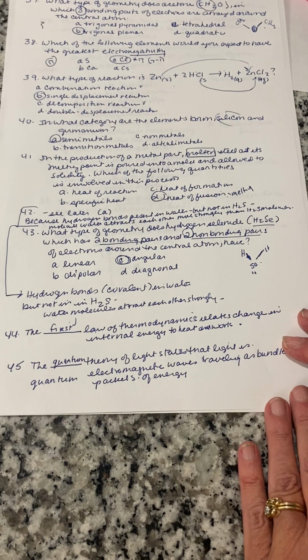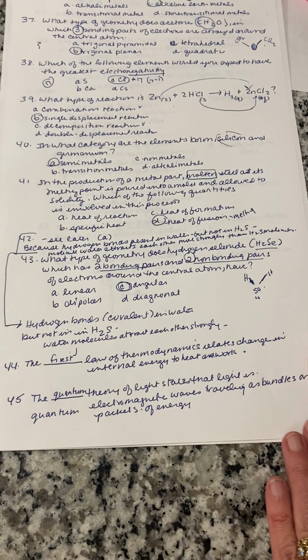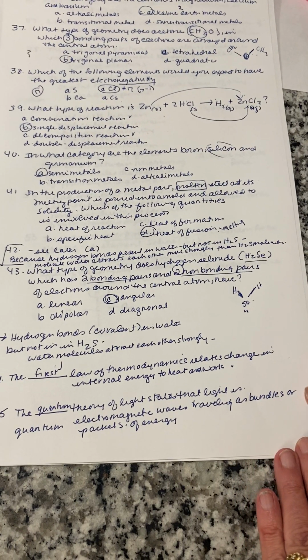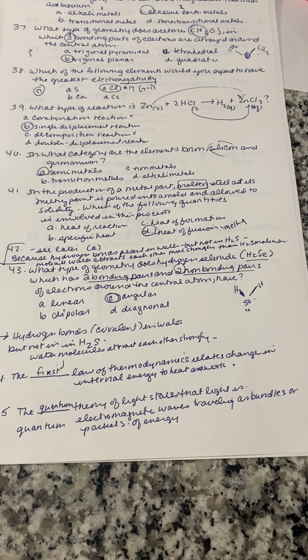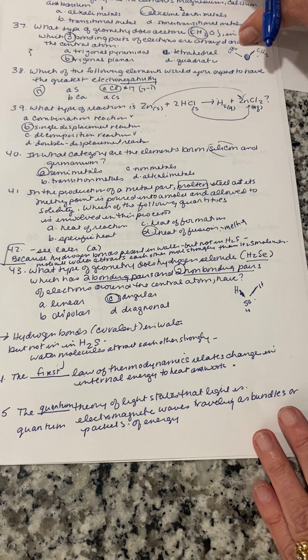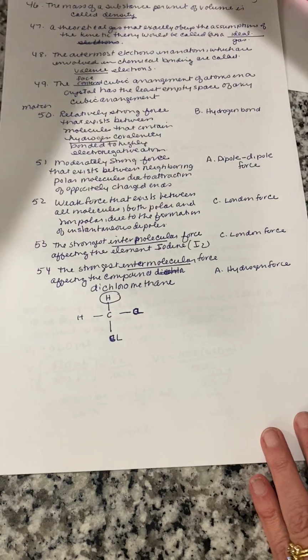There's only 2 of them. Number 45 here. The theory of light that states that light is in little packets, electromagnetic waves traveling as bundles or packets. What do you call that? The quantum theory. Quantum. Went over that many times.